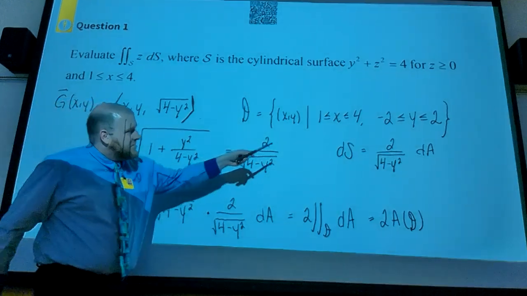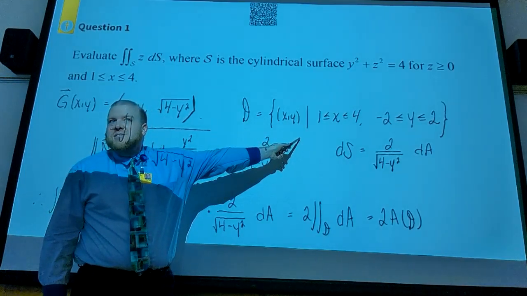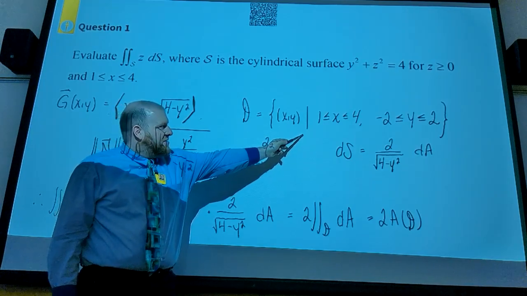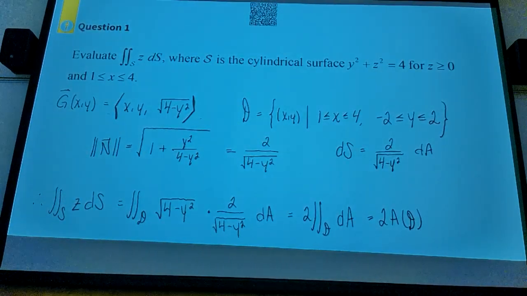What kind of region is that? X goes 1 to 4, y goes -2 to +2. What kind of region is that if you were to draw that out? Circle.